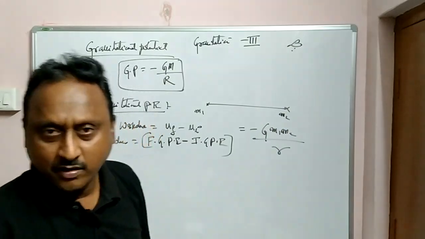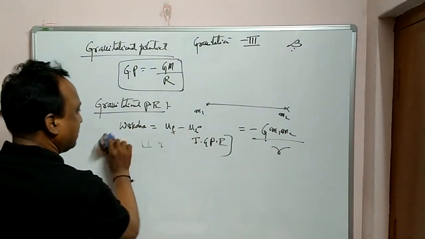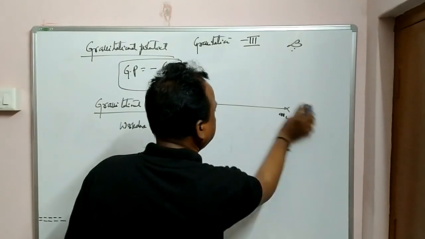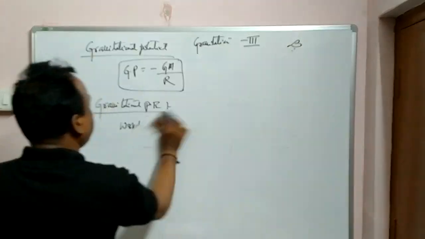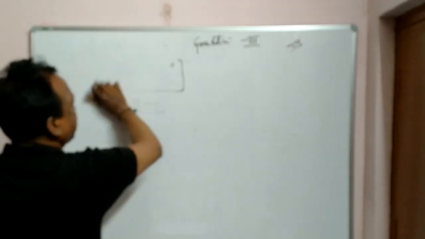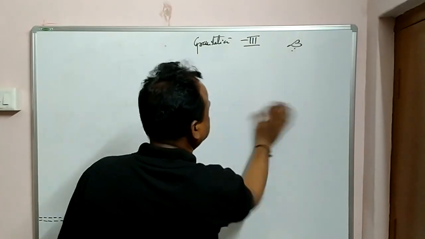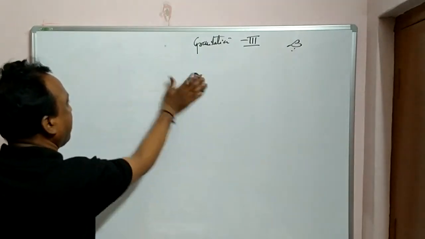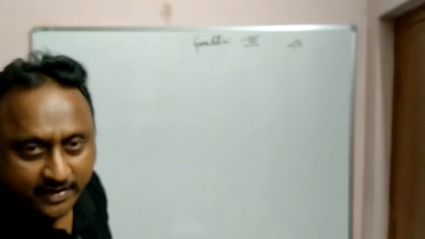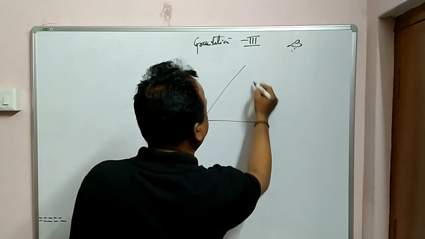Now I will give a small numerical to understand this formula in a better manner regarding gravitational potential energy. Let us do a small numerical, so that we also understand the subject well. For example, say this is a triangle, an equilateral triangle.